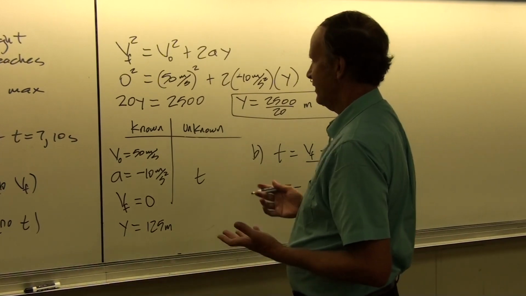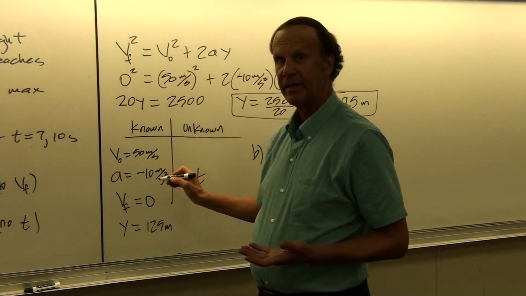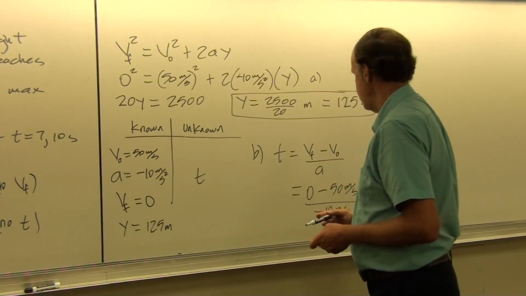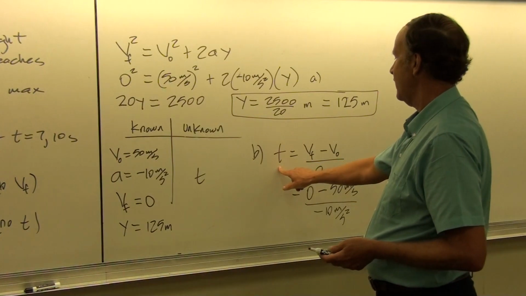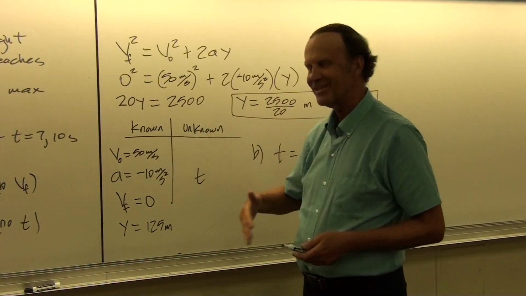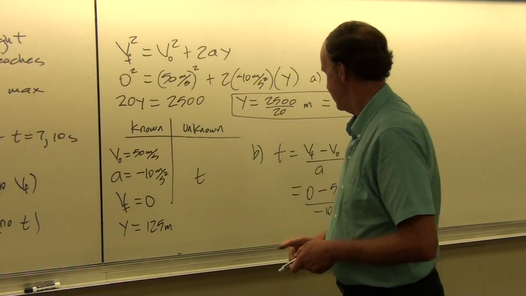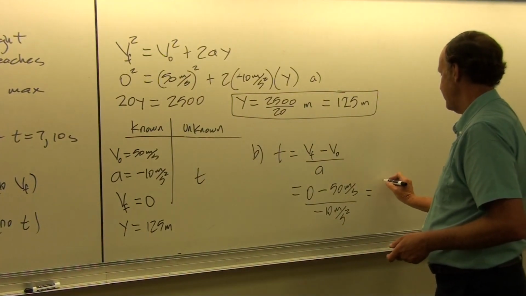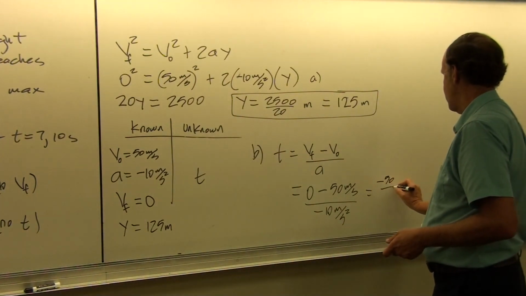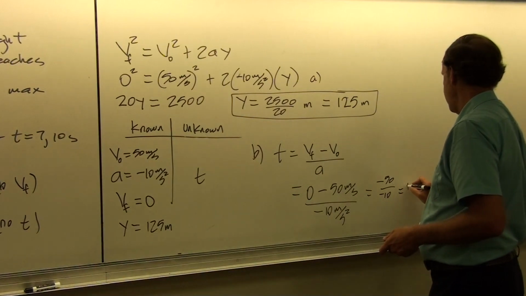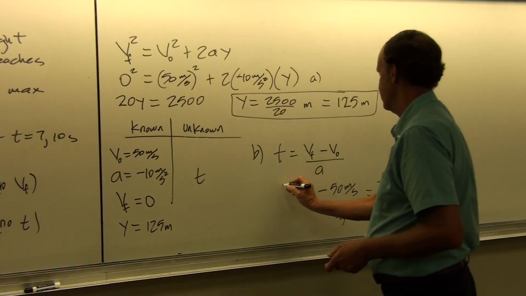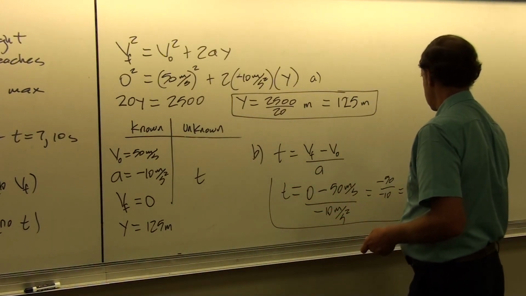You can see that if you got one of these minus signs wrong, you could get a negative time. But we know that time starts from t equals 0 and moves on. So here, this would be minus 50 divided by minus 10, or plus 5 seconds. So that's how much time elapses.